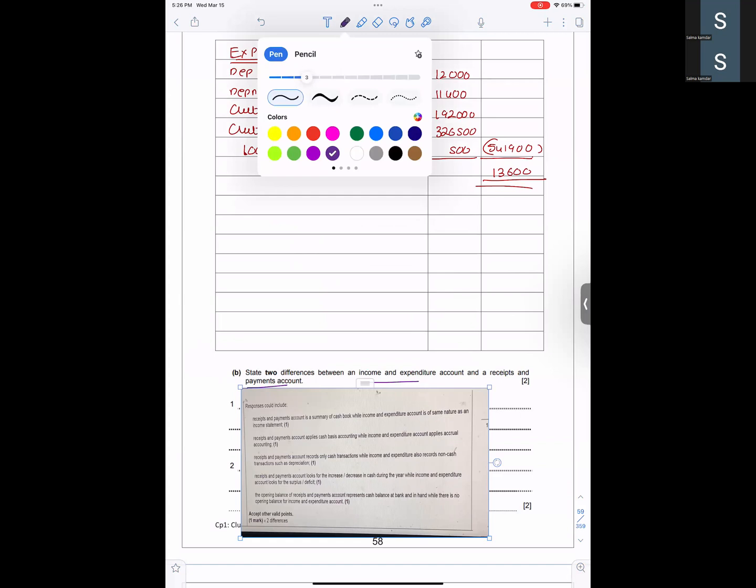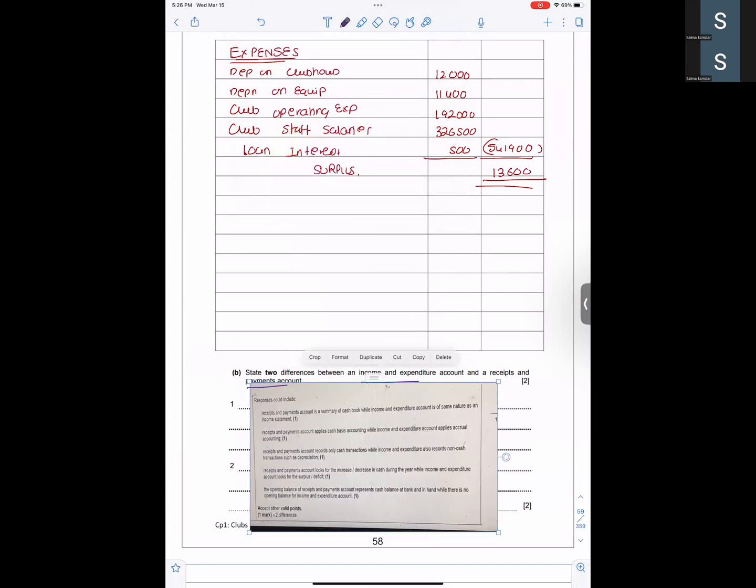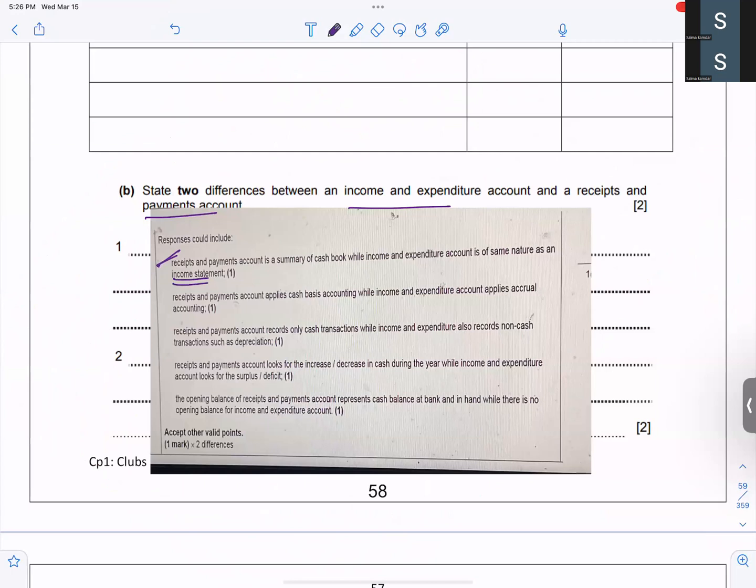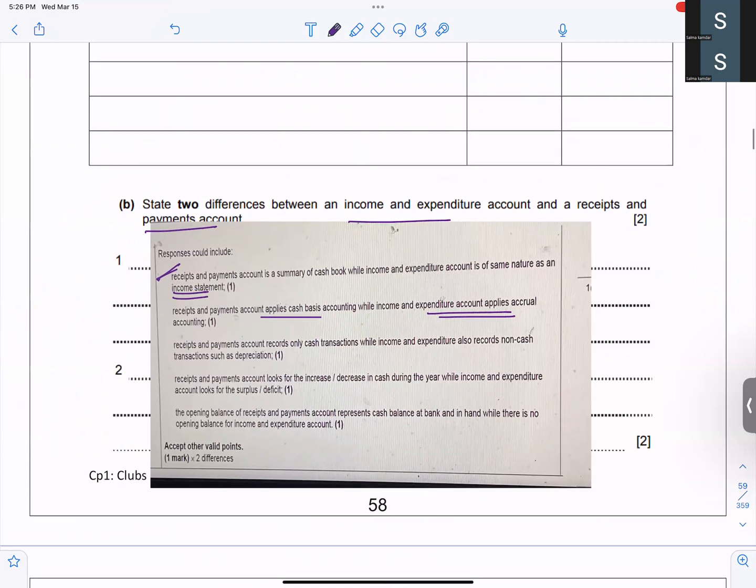So receipts and payment account is a summary of your cash book, while income and expenditure account is like your income statement. Receipts and payment account applies cash basis. Income and expenditure account applies accrual basis. Receipts and payment will record only cash transactions. Income and expenditure account records non-cash transactions.